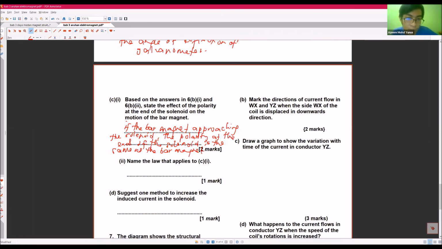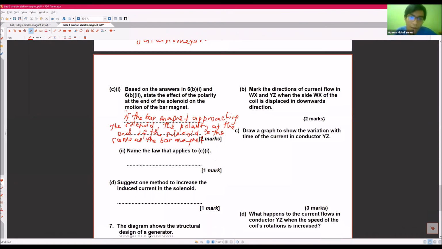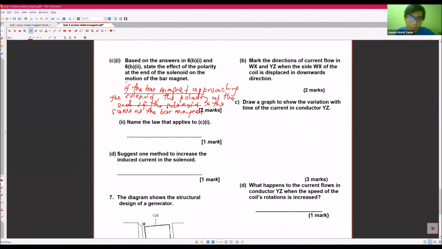There is only one mark. The other one is you have to do the reverse direction. So the end of the solenoid is going to be opposite to the bar magnet. And the law that applies to the direction of the current is Lenz's law, and the magnitude of induced current is Faraday's law.